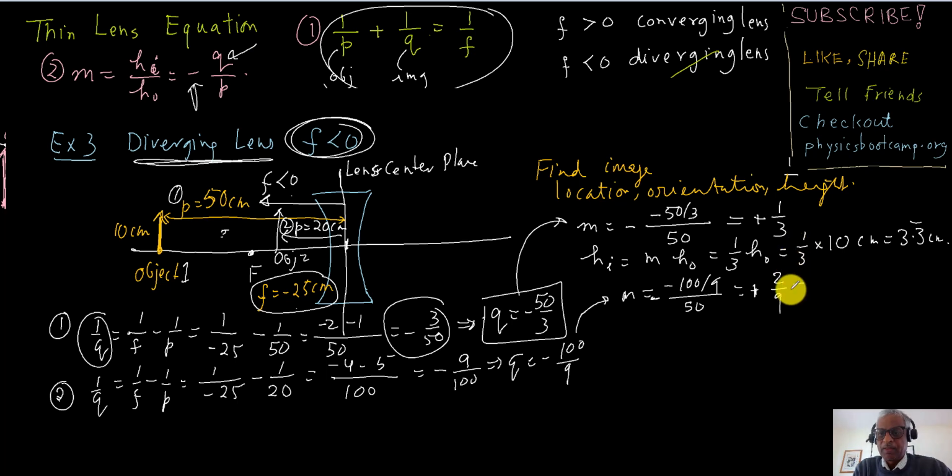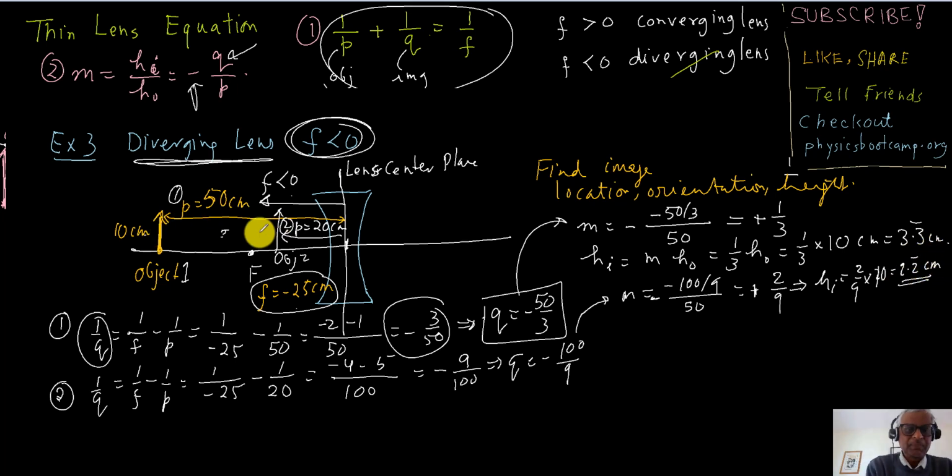And if this was 3, then it's going to be 1/3. But this is 2, which means magnification is less. So even smaller, okay? So hi will be 2/9 times 10 centimeters, which is 20/9, even smaller.